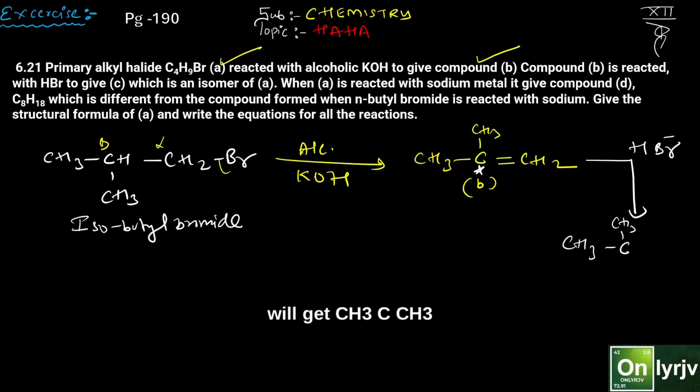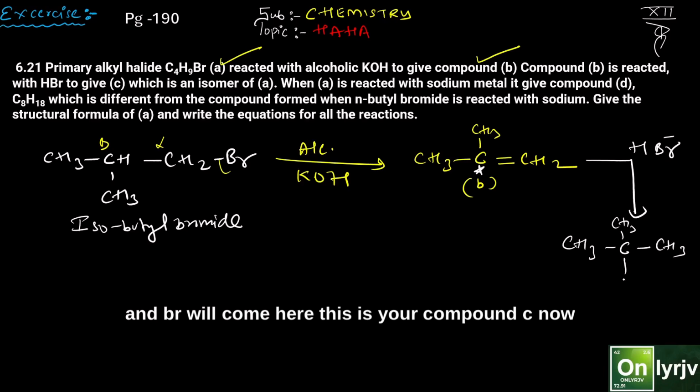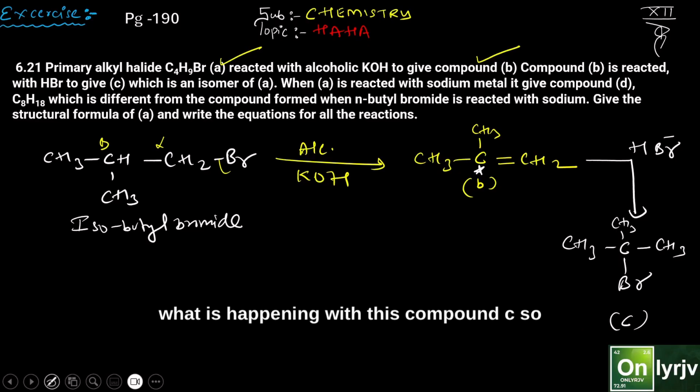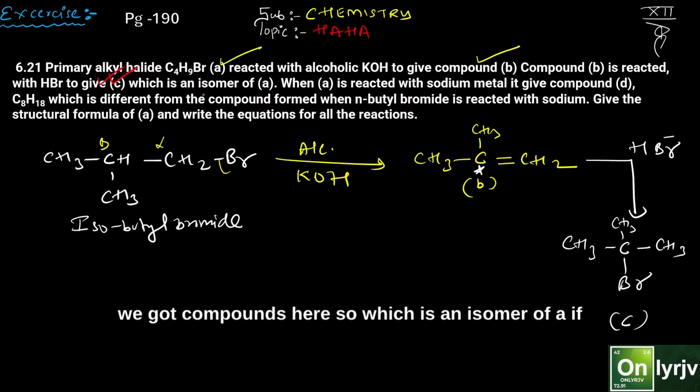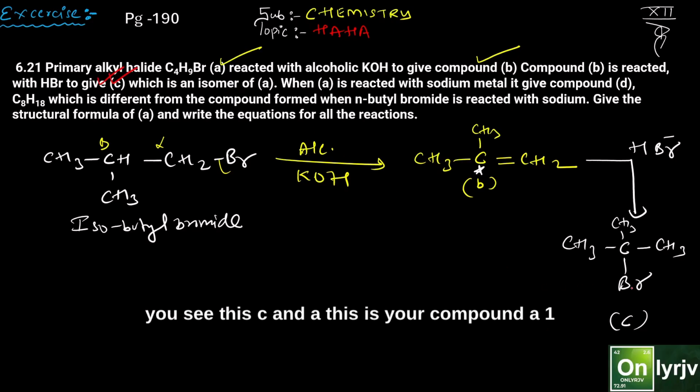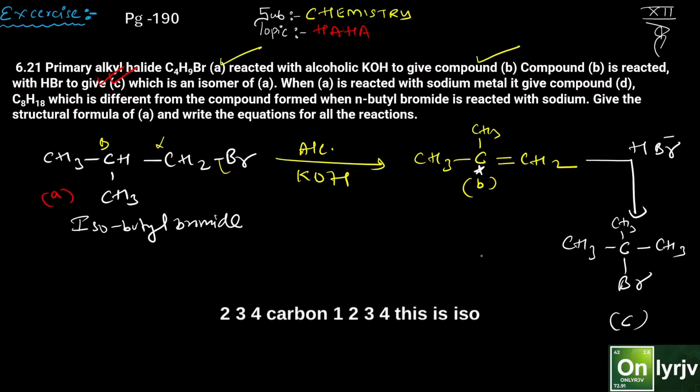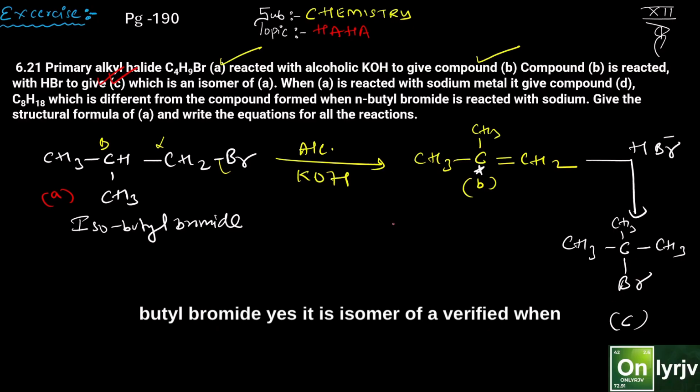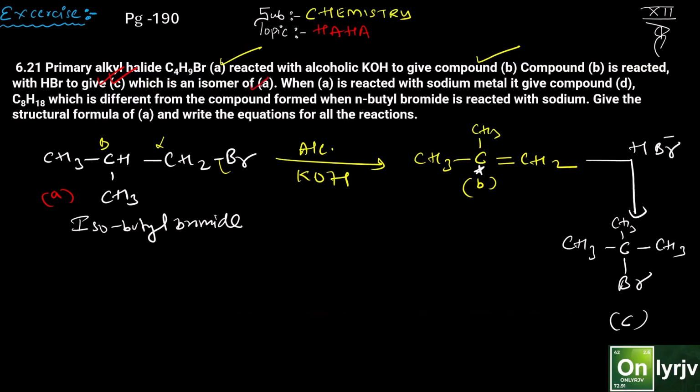You will get CH3, C, CH3, double bond will break, CH3, and Br will come here. This is your compound C. Now what is happening with this compound C? So we got compound C also, which is an isomer of A. If you see this C and A, this is your compound A. 1, 2, 3, 4 carbon, 1, 2, 3, 4. This is an iso one, this is a tertiary one, tertiary butyl bromide. Yes, it is an isomer of A. Verified.